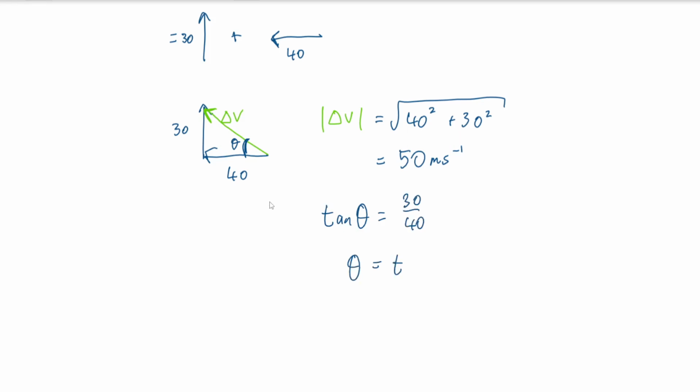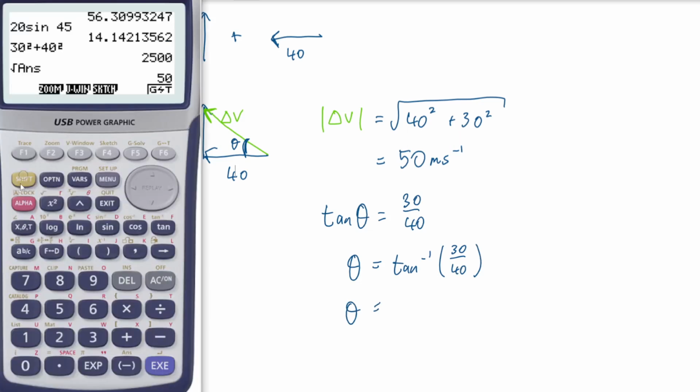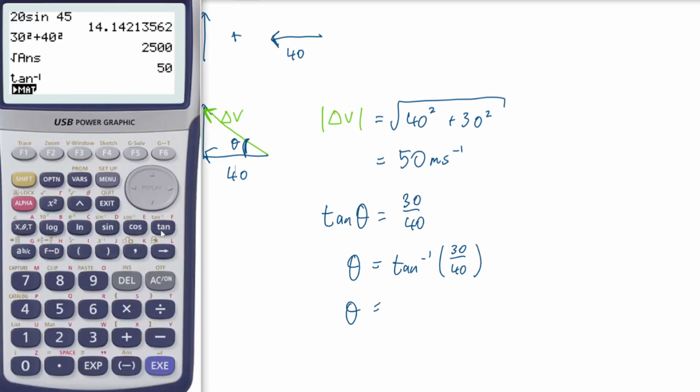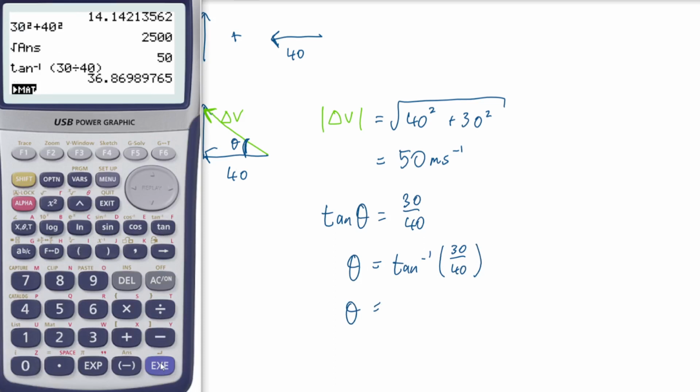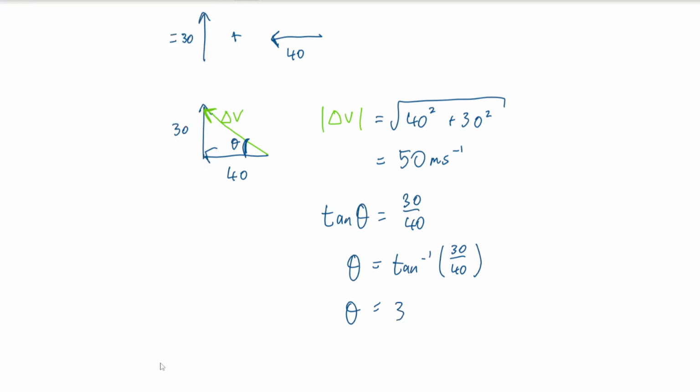So the angle is inverse tan of that ratio, 30 over 40. Checking on our calculator, making sure that we are in degrees, not radians. 30 divided by 40 gives 36.87 degrees.